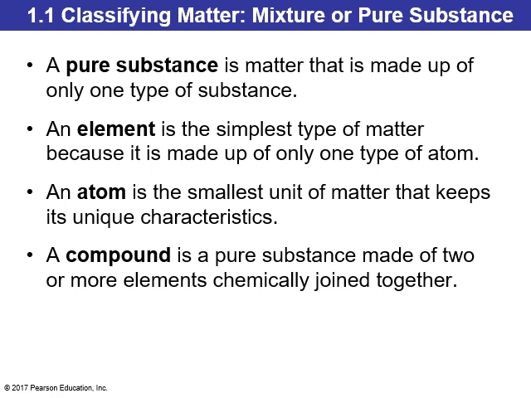We can call the individual pieces of a compound molecules. So for example, in water, the molecule H2O is the individual unit with two hydrogen atoms and a single oxygen atom. That would be a molecule of water. So all molecules of water will act similarly to other molecules of water as well.